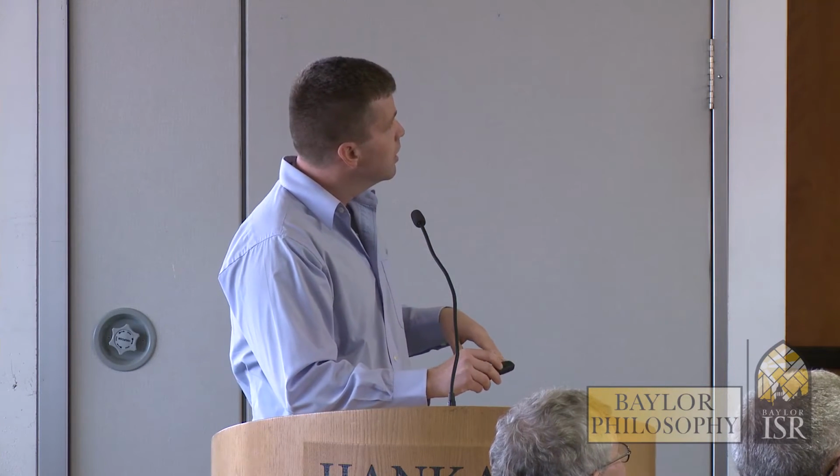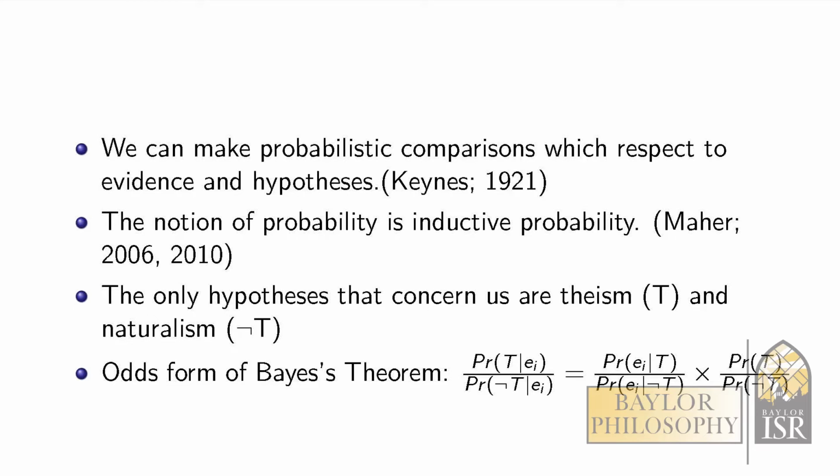So the first thing, once we get to the next slide, is going to lay out the basic framework. I'm going to be talking about probabilities. Usually when people introduce probabilities, they talk about probability as a number inclusively between 0 and 1, and you can associate probability with various propositions.